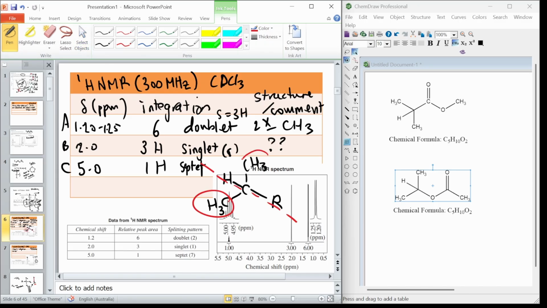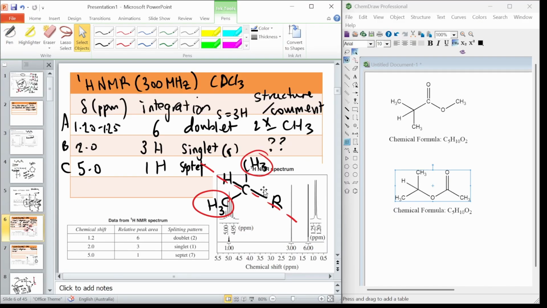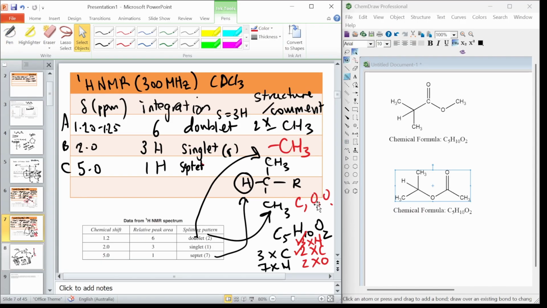The CH3 here and the CH3 are the same thing. The n+1 rule always refers to the neighbors. We got 6 neighbors. This is the structure of the septet. So it's CR, CH3, CH3, and hydrogen. These two are these ones.